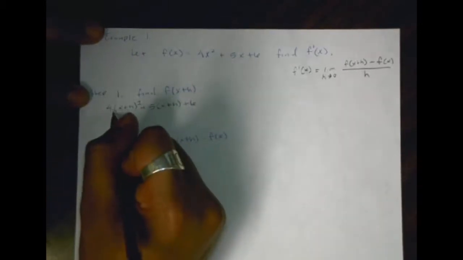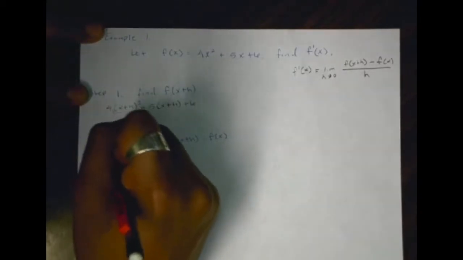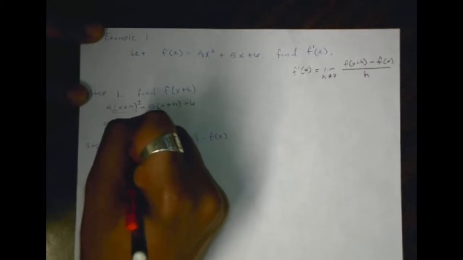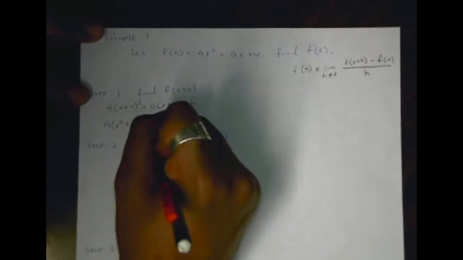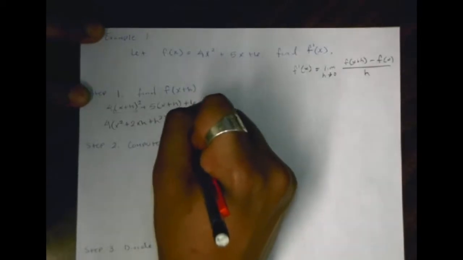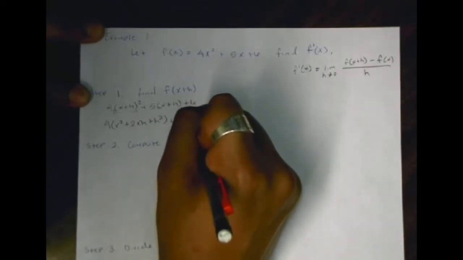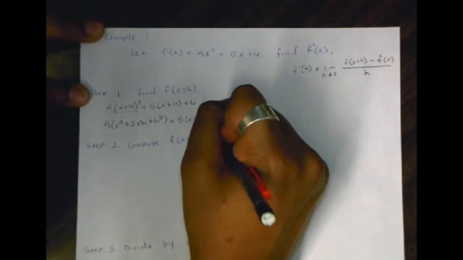Now I'll factor this out, and I get 4 times (x squared plus 2xh plus h squared) plus 5 times (x plus h) plus 6.